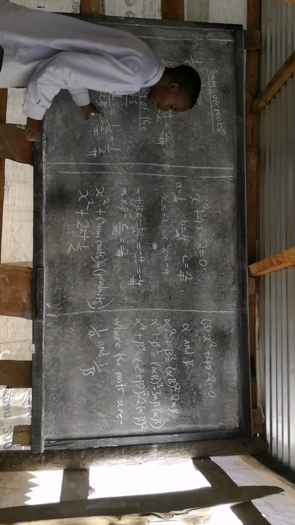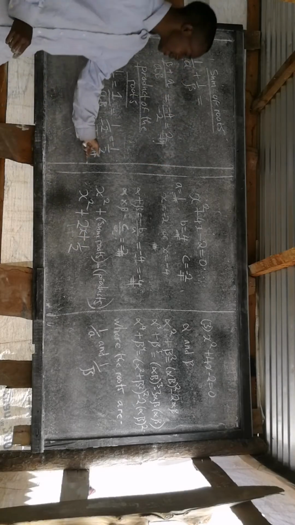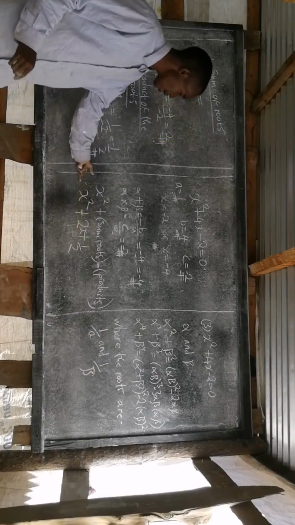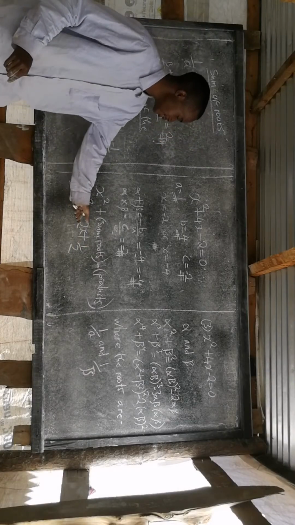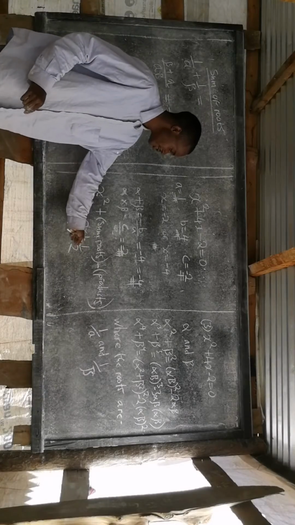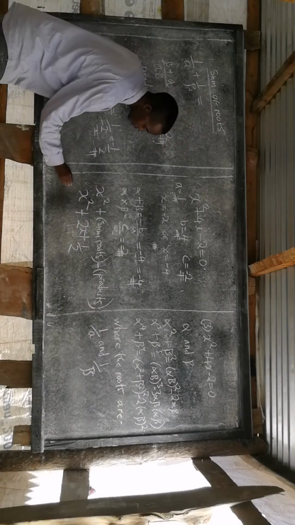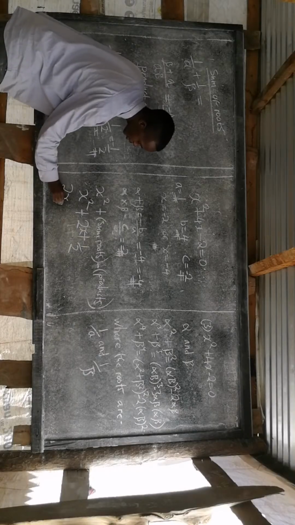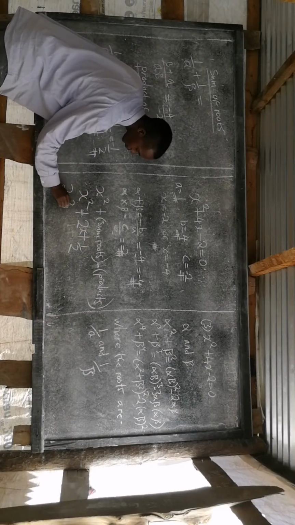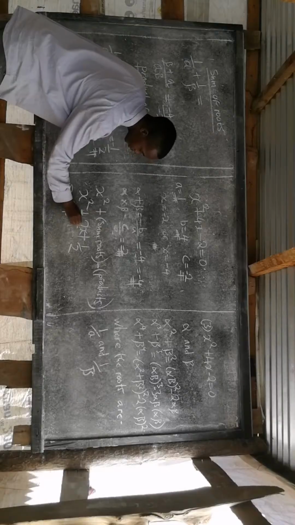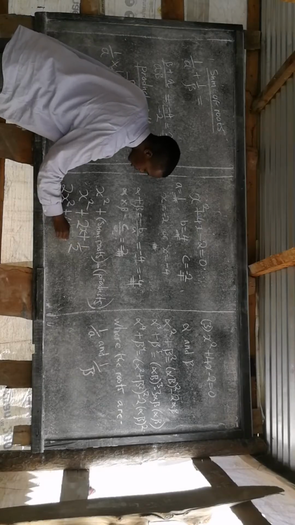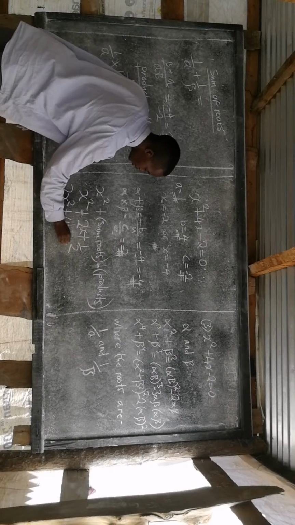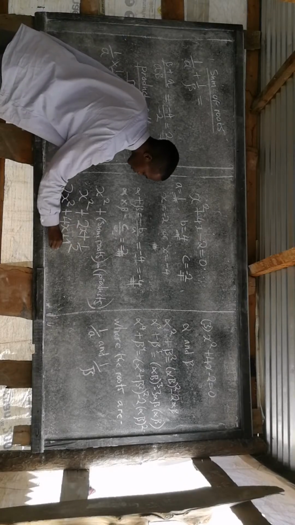So for the final answer, you can write it like this, or you can multiply by 2 so that this can be proper, because this is half. It will be 2x to the power 2, then plus 4x plus this. When you multiply this by 2, it will be 1. So this is the final answer.